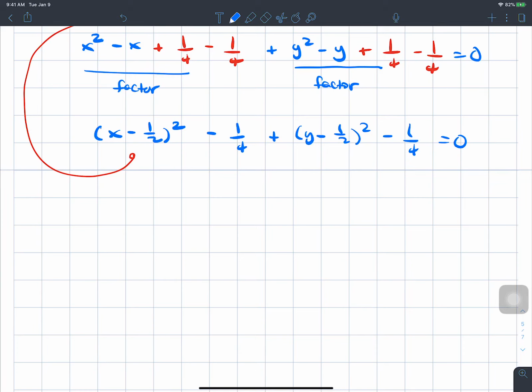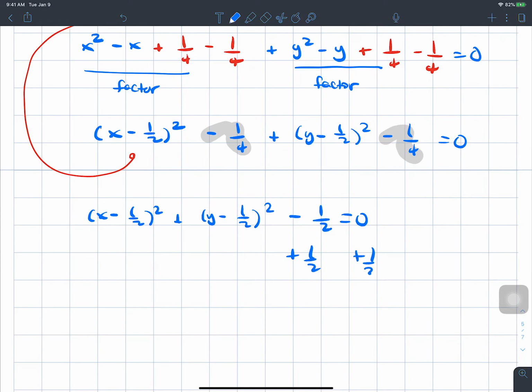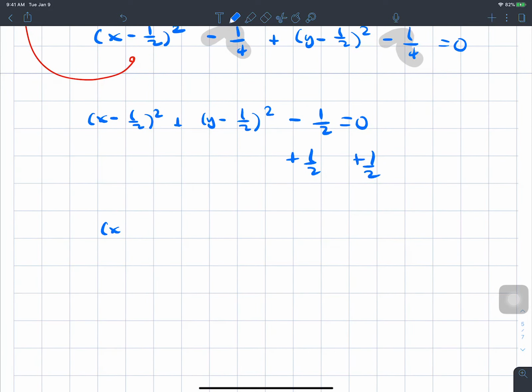Now notice this, by some arithmetic here. You're going to add these two negative numbers. Negative 1/4 plus a negative 1/4 is negative 1/2. Okay, so altogether we have x minus 1/2 squared plus y minus 1/2 squared, I apologize, minus 1/2 is 0, but of course you add the 1/2 to both sides and you end up with x minus 1/2 squared plus y minus 1/2 squared, and that's going to be 1/2.